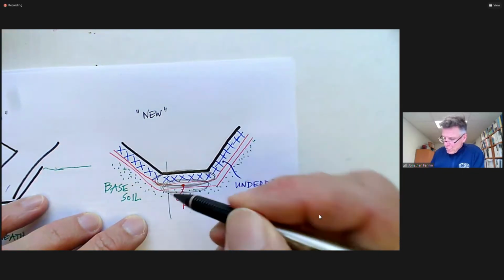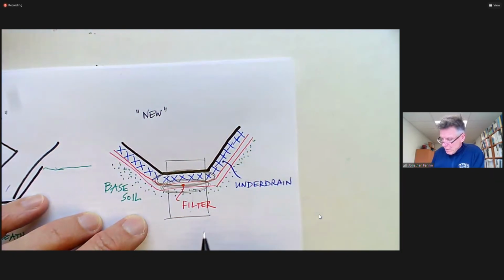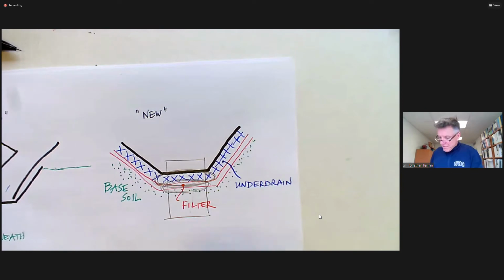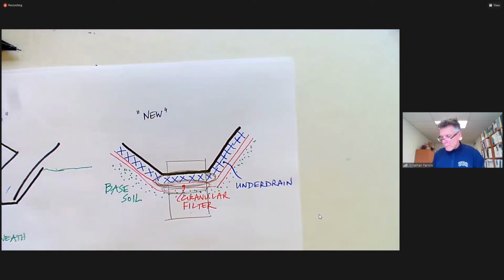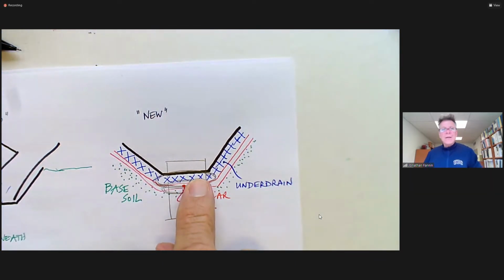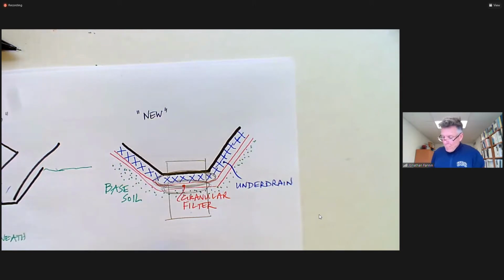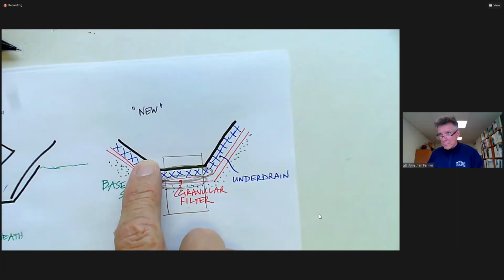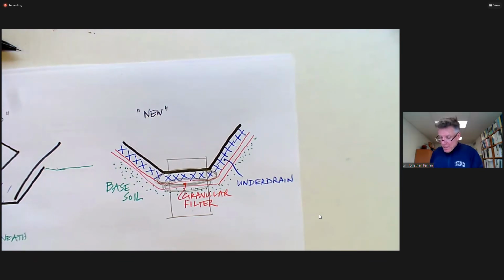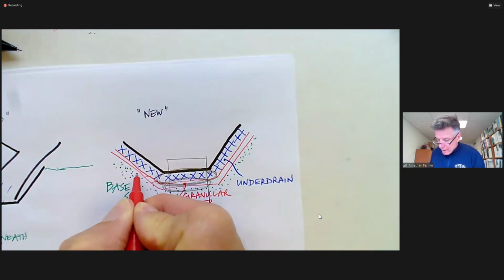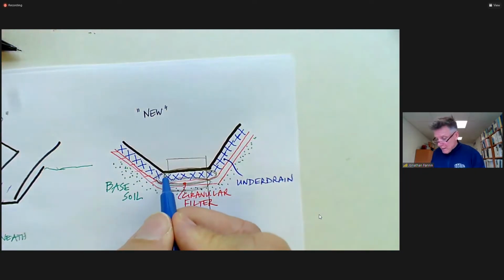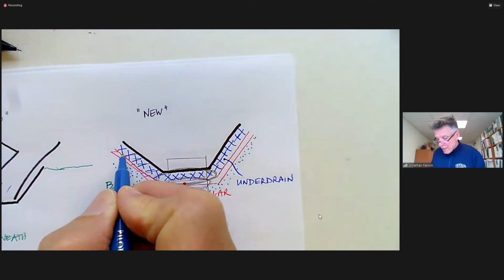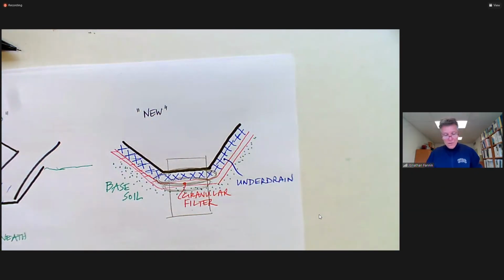In all likelihood, the contractor is going to be able to achieve this relatively easily with a granular filter and a compacted under drain. But when we get onto the side slopes, the challenge of placing and compacting the granular filter and the challenge of placing and compacting the under drain is going to be considerable.